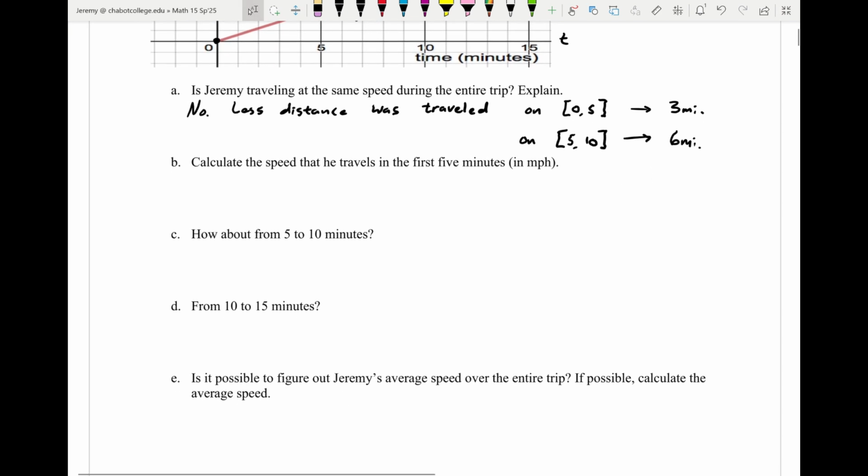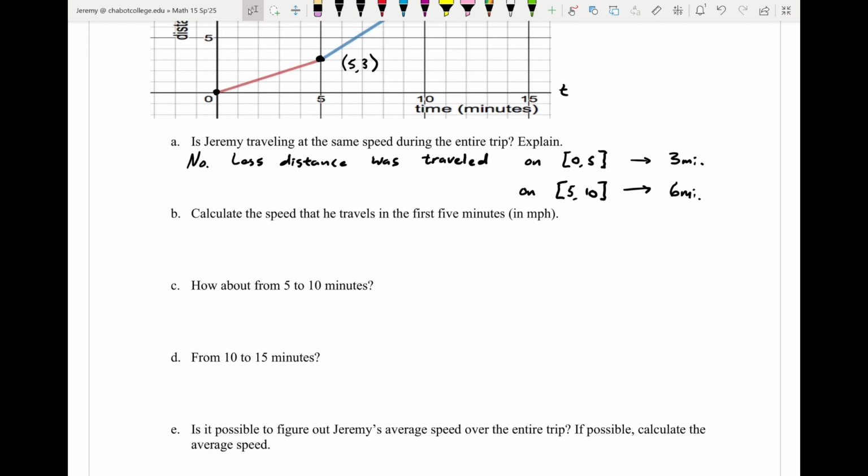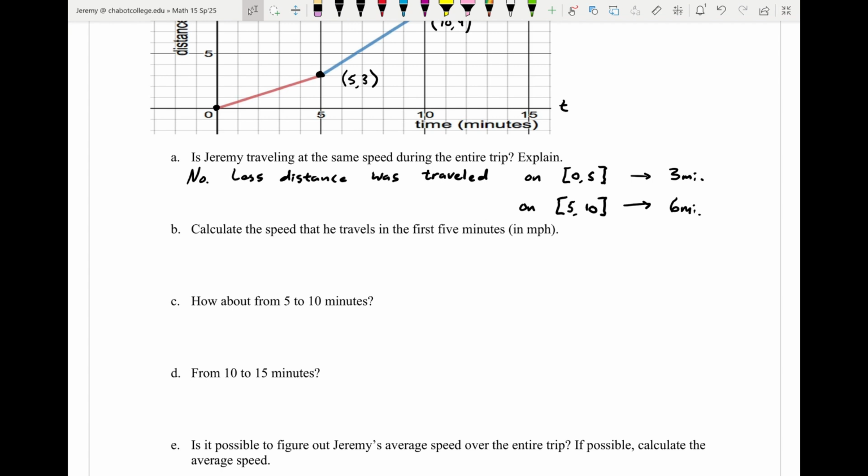Okay, so for part B, we want to actually calculate what is the speed that I'm traveling during the first 5 minutes. Okay, so speed, what is speed? How do we calculate it? Well, speed, this is kind of like velocity. There's a slight difference. We'll discuss that a little later.